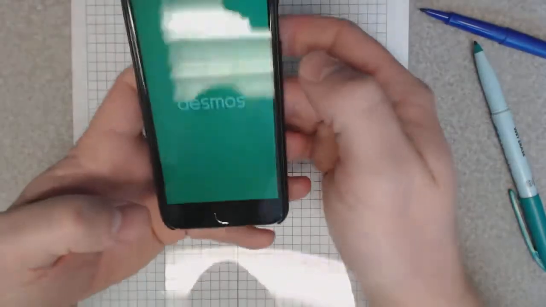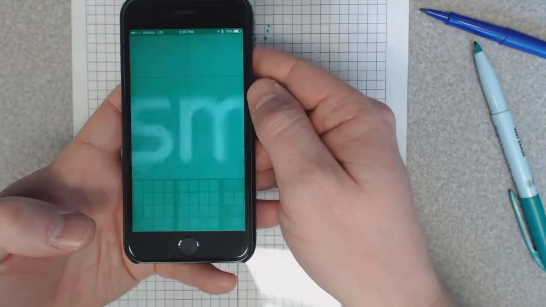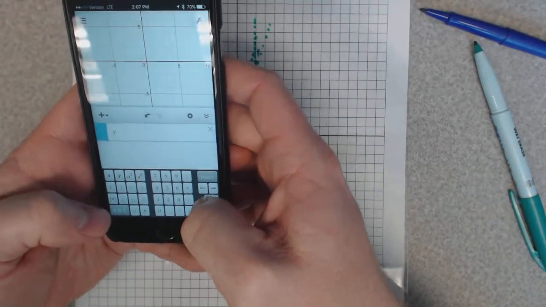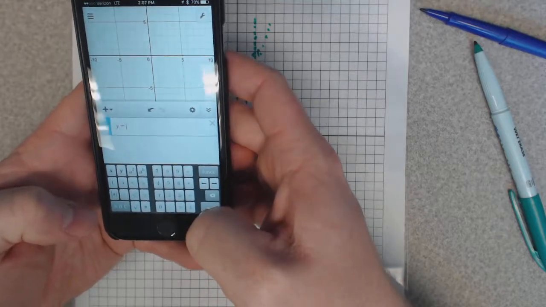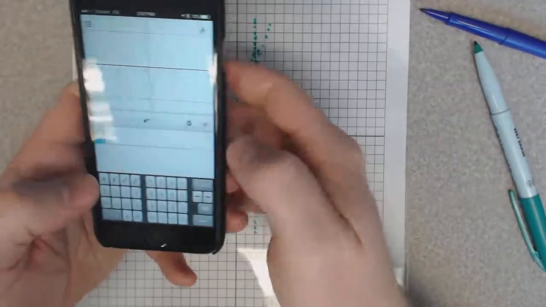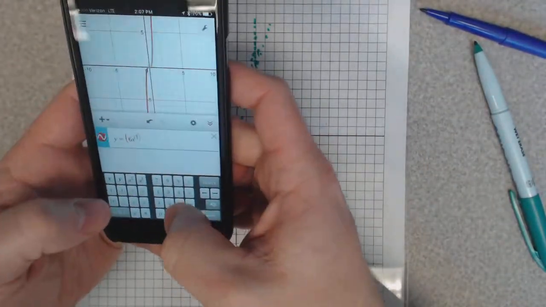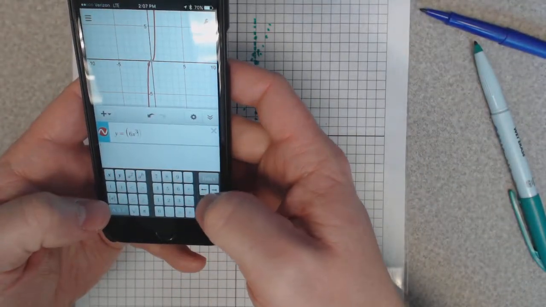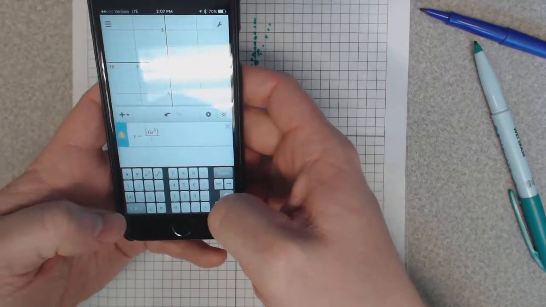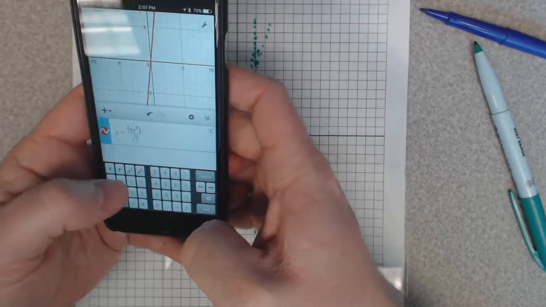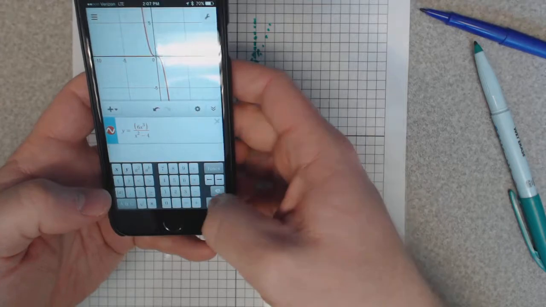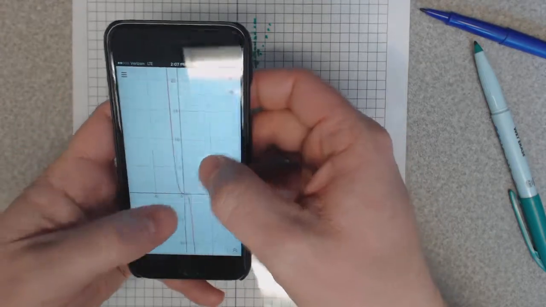Alright, I'm using Desmos here. I want to type in y equals parentheses 6x to the third, close it up, divide by, oh, it already puts it in there like that, cool. So x squared minus 4. Okay.